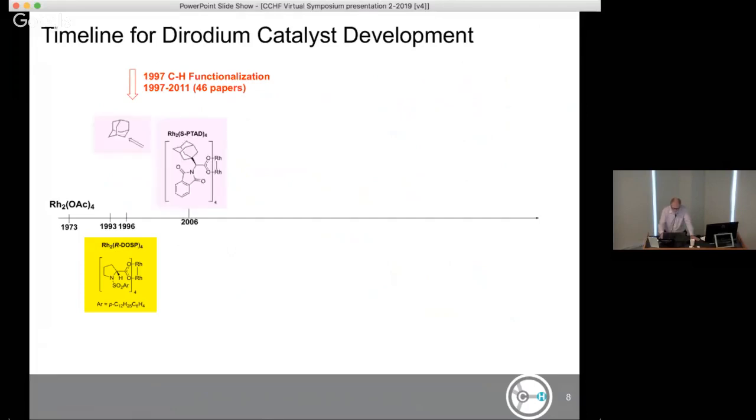About a decade later, we developed another catalyst, which we call rhodium PTAD, and that was inspired actually by our ability to do CH functionalization of adamantane, leading to the development of this catalyst. And this catalyst did a lot of different types of carbene reactions, but didn't have much impact on our CH functionalization program.